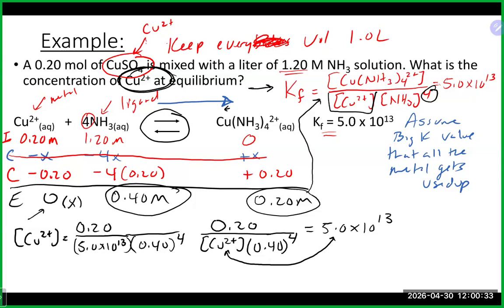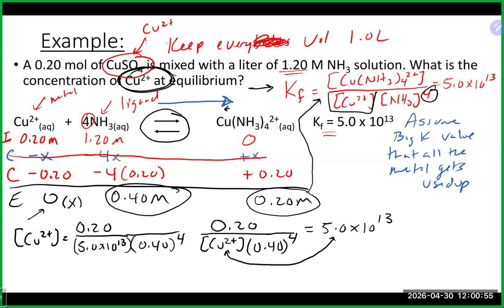So now we put that into our handy dandy calculator. Don't do what I just did and make it negative 13. It's actually positive 13. So 0.2 divided by 5 times 10 to the positive 13 divided by 0.4 to the fourth.